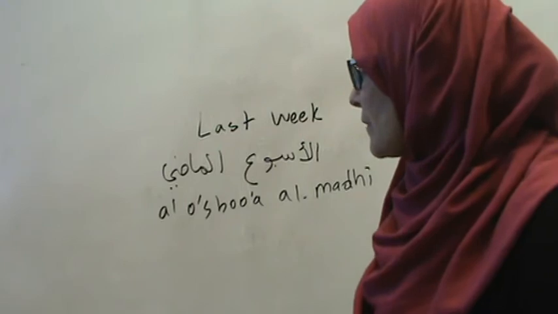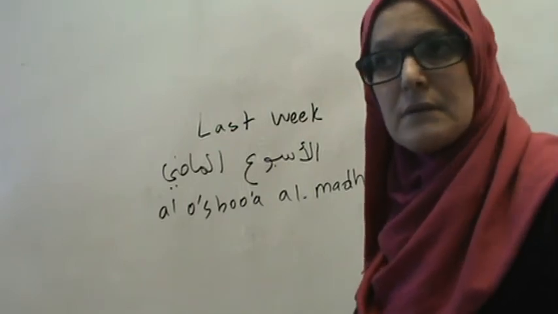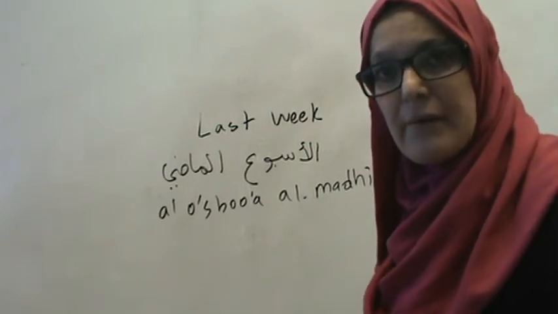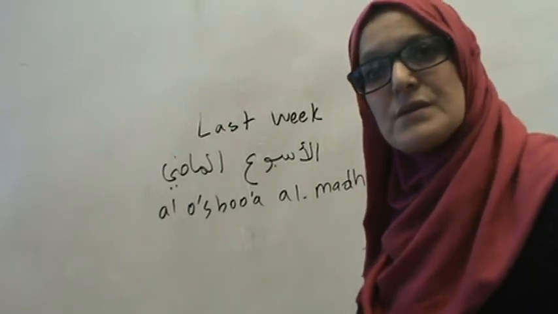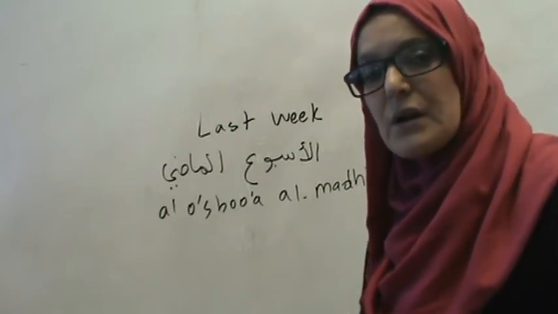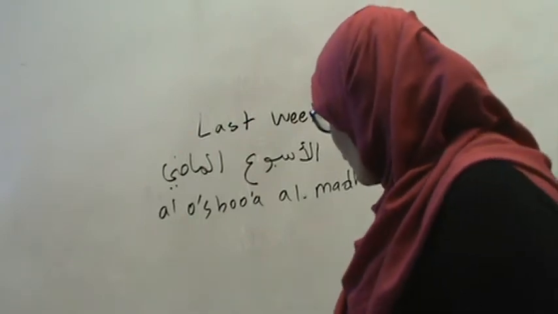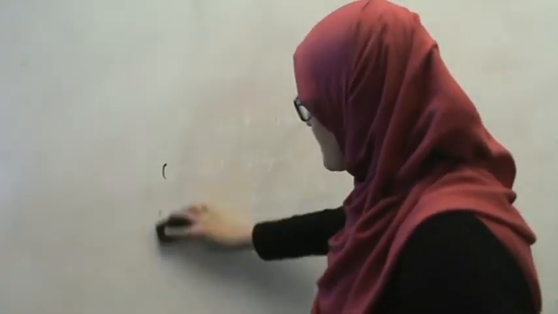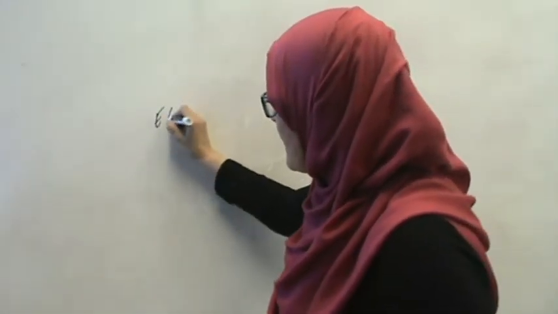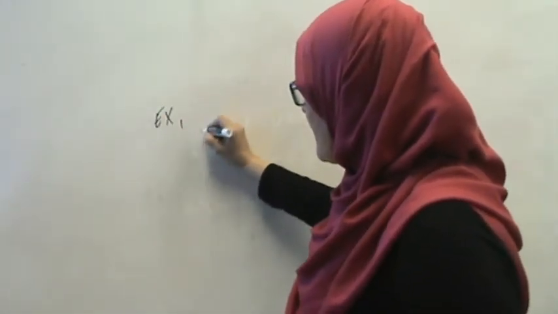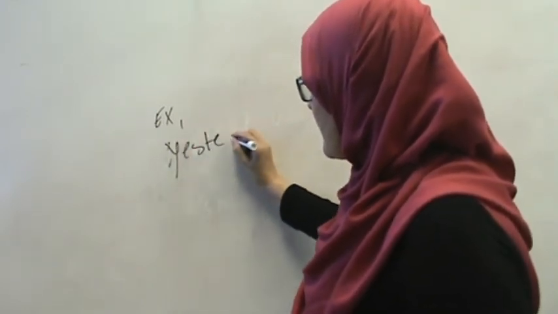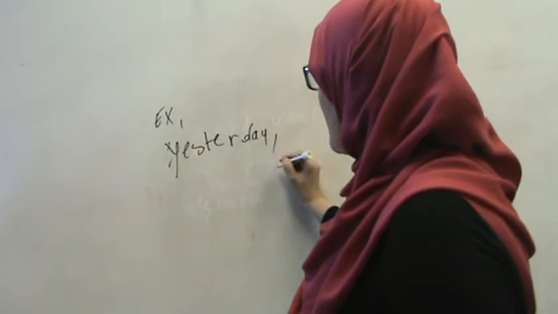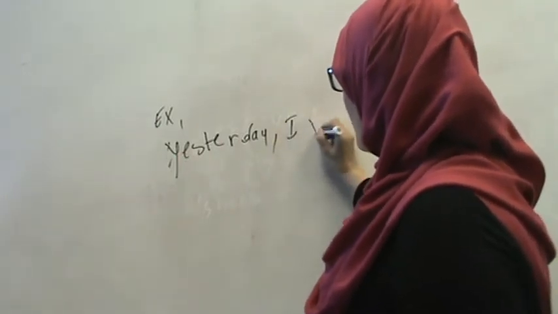Let me give you a paragraph, as I told you, and I am going to just talk about the structure and show you how you can do it. Let me give you just an example, okay? You can say, yesterday, I worked.